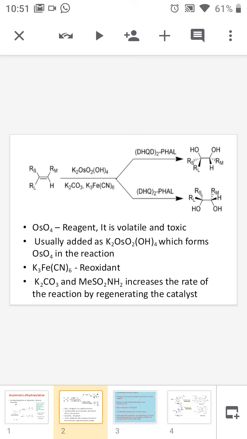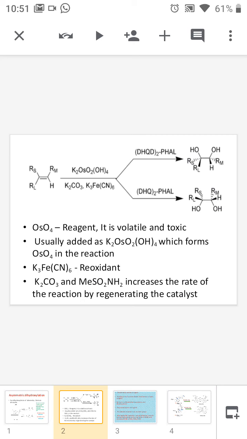We know that our starting material, the alkene, is not a chiral compound, and osmium tetroxide is not a chiral compound, and K2CO3 and K3Fe(CN)6 are all not chiral compounds, and it is not enantiomerically pure. So how will we conduct the asymmetric synthesis here?